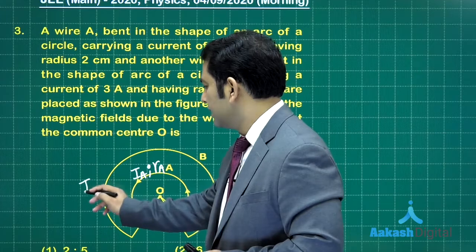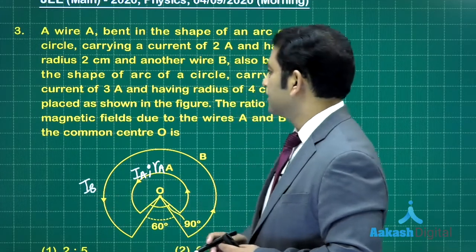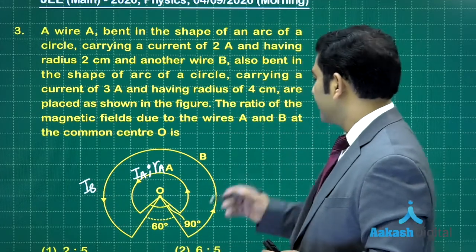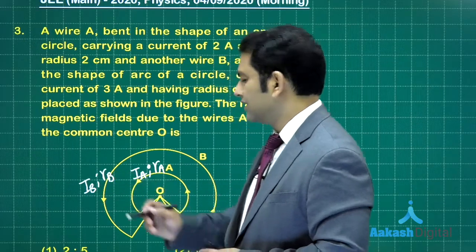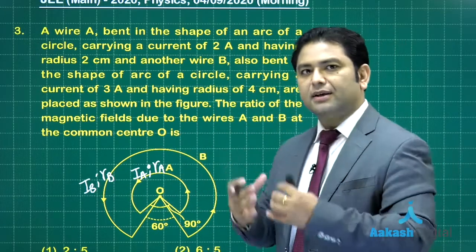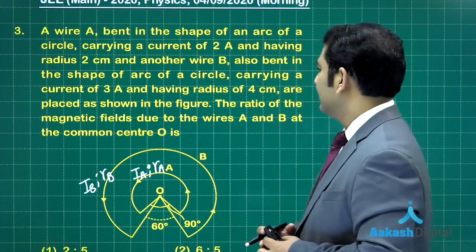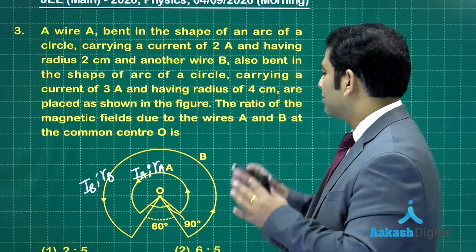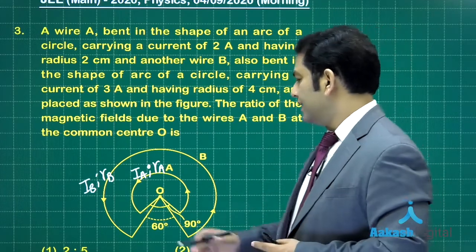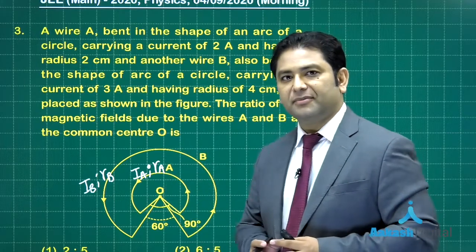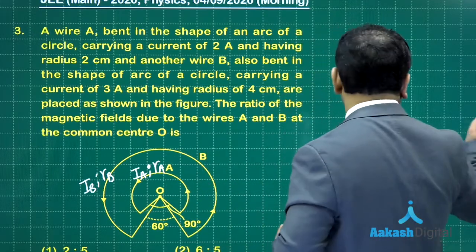So this will be IB, that's a condition. And the radius of course is RB. All the values are given. It's always advisable that first pick in terms of variable. And after that, we need to calculate the ratio of magnetic fields due to the wire A and B at the common center. So essentially the question is not difficult.